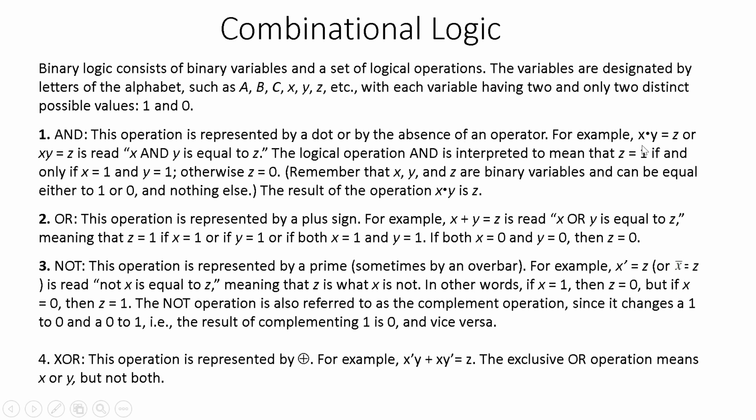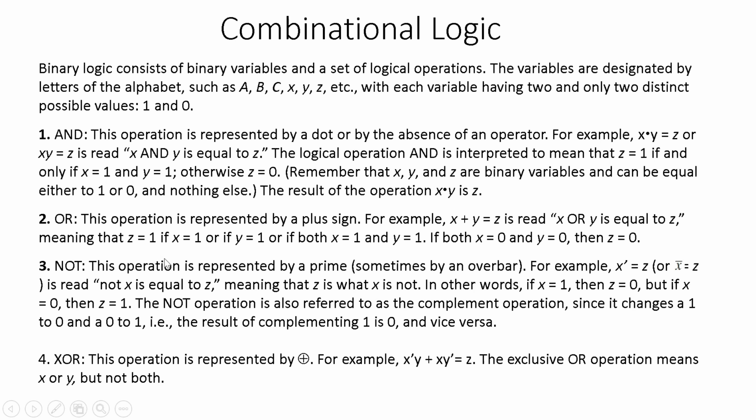For example, x dot y equals z, or xy equals z, is read as x and y is equal to z. The logical operation AND is interpreted to mean that z is equal to 1 if and only if the values of x and y are both 1. Otherwise, the output is 0.